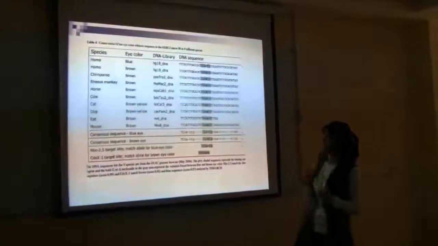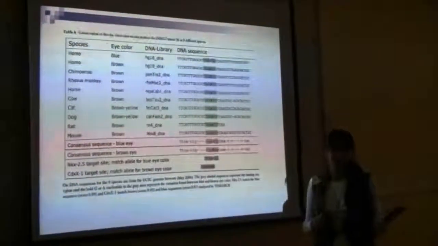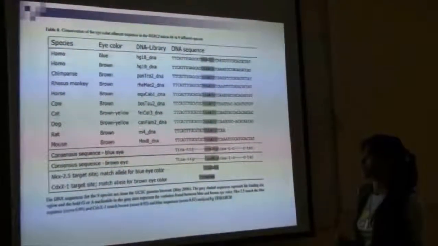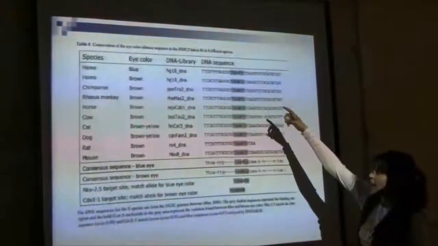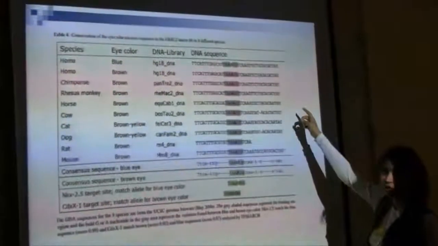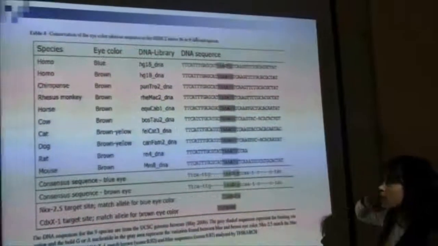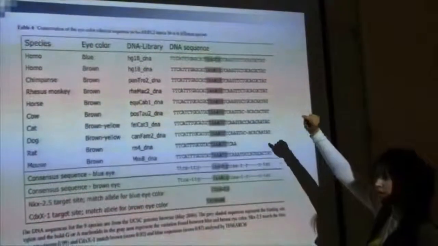Now here's one of the experiments that actually shows the SNP, an abbreviation for single nucleotide polymorphism, which is one of the main causes of the blue eye color. As you can see, the first two are Homo sapiens, which are humans, and here they sequenced their genome for the DNA sequence to find the colors. They found that people with blue eye color have this nucleotide mutation.